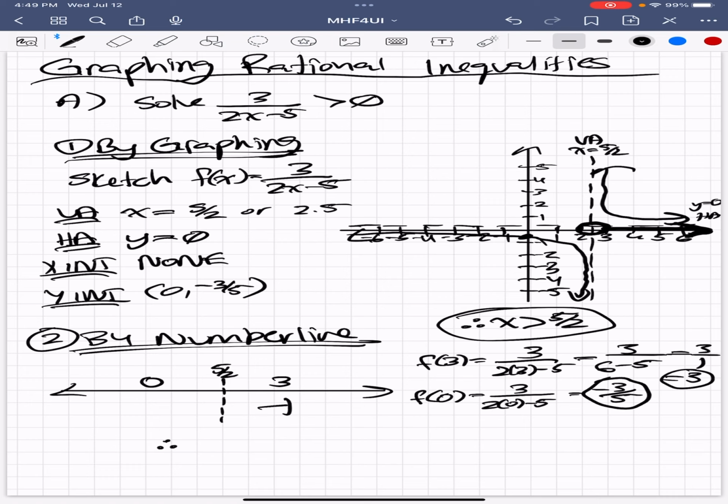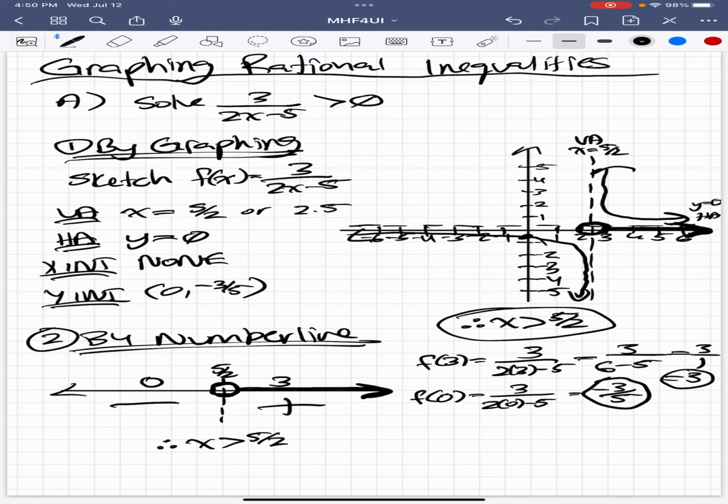So f of 3 is positive and f of 0 is negative. So we're going to do an open circle, and we're going to indicate that when x is greater than 5 over 2, our inequality is greater than 0. So that was solving by number line.